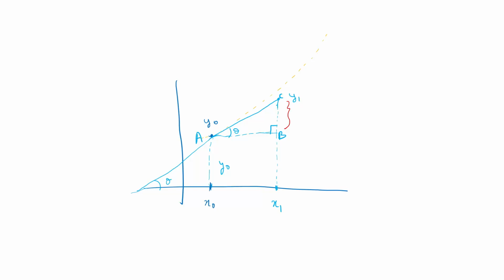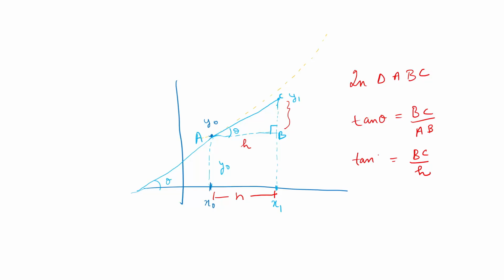If you see this triangle ABC, tan theta will be equal to BC by AB. Obviously we have AB as h, because this is the distance between two points, h.